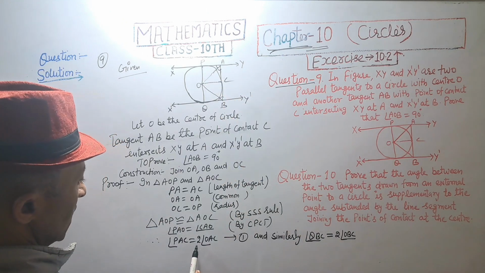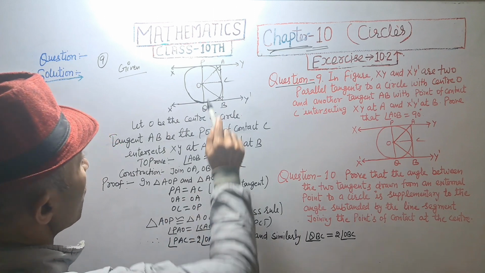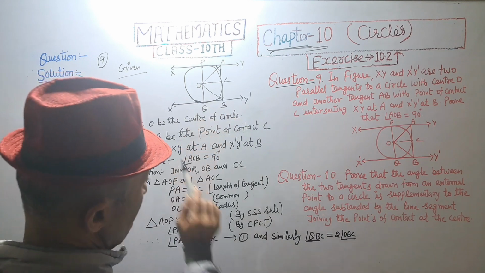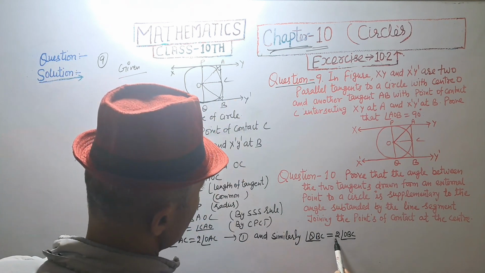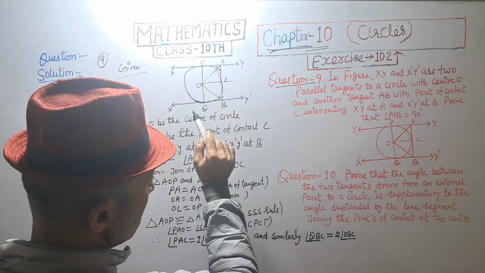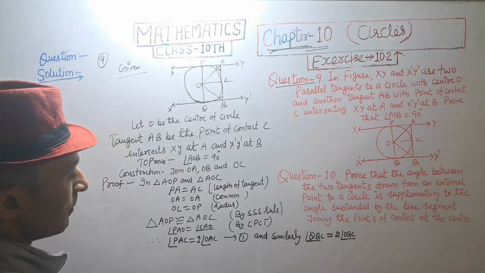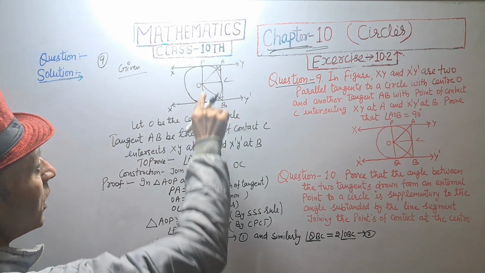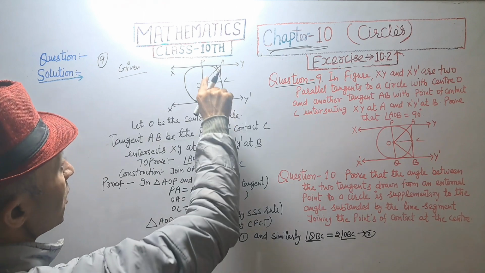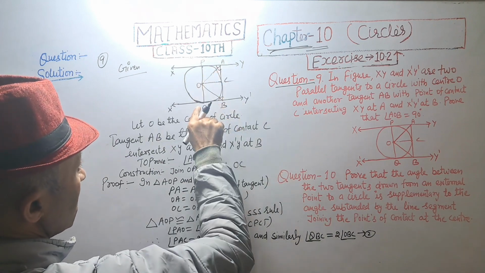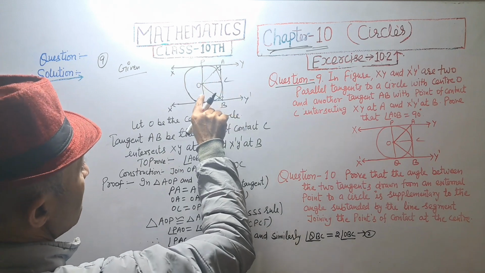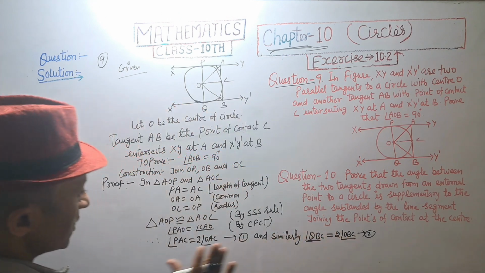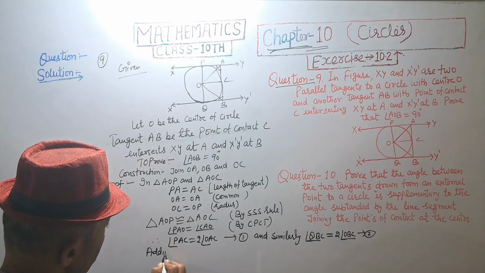So angle PAC is equal to double of angle OAC, and angle QBC is equal to double of angle OBC. This is equation second.